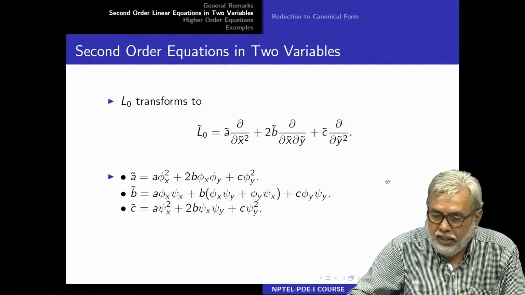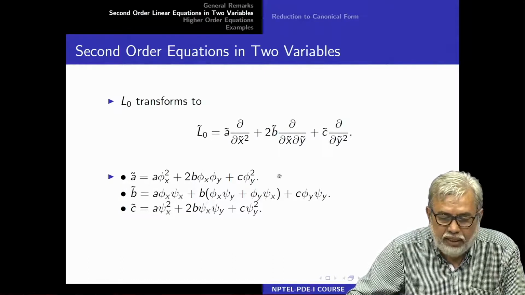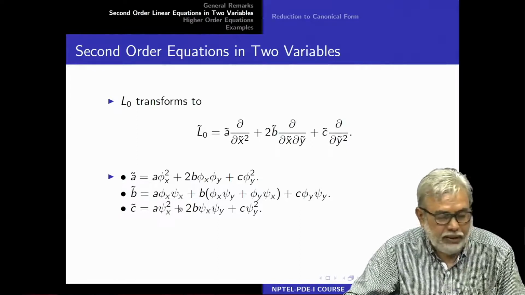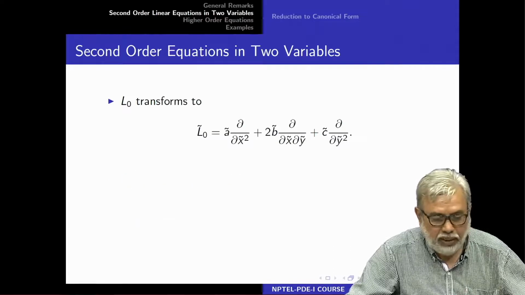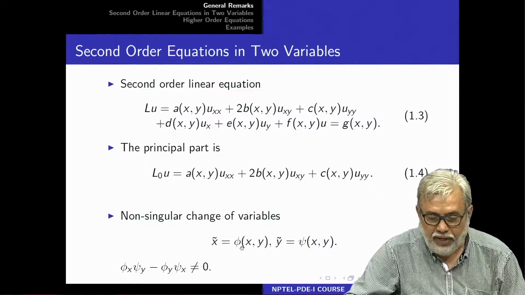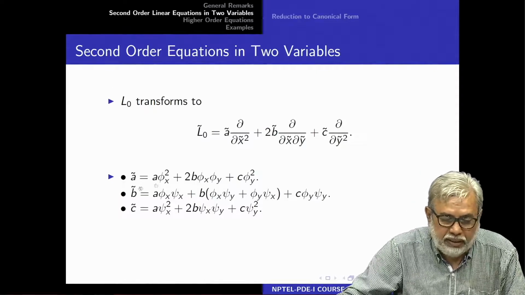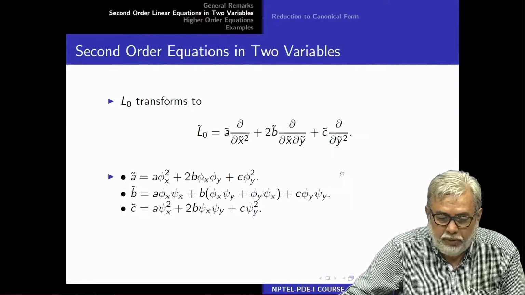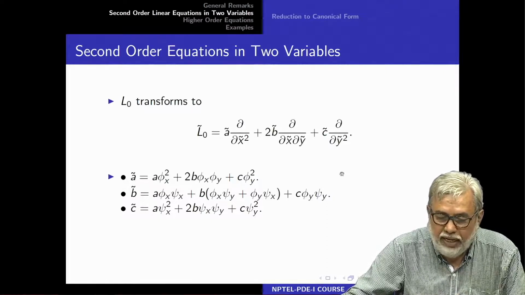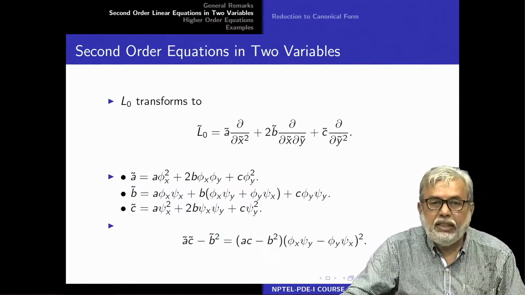There are only three quantities a tilde, b tilde, c tilde, and they are given in terms of the coordinate functions that we seek, namely phi and psi. So, you observe these things, because this is what gives us the transformation phi and psi. This is the important thing.